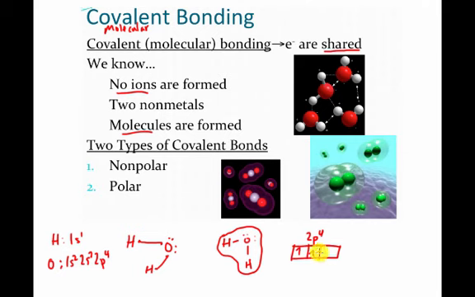So you've got 1, 2, 3, 4. There are two empty spots for the hydrogens to bond into, and they share and overlap in this region and in this region. That's why we get two bonds, and then the 1s from the hydrogen fits into those locations, and you get this shape to your molecule. You get a water molecule to form based on the sharing of electrons, not forming ions.